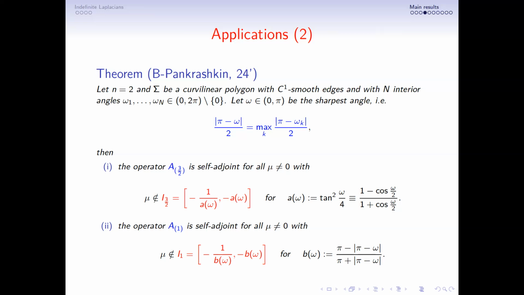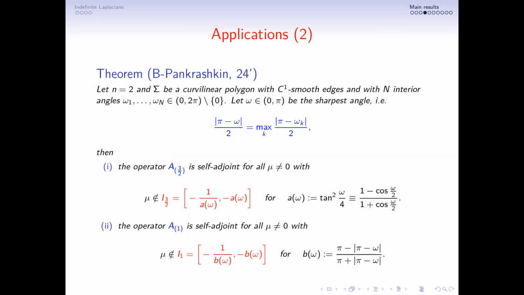So inside this thing here, the operator A_3/2 is in fact essentially self-adjoint, and the closure in fact is A1.